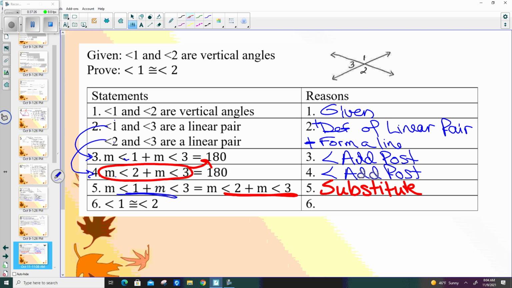Okay, the equal sign went to a congruence. Good. What else? Angle 3. Where did angle 3 go? How did angle 3 disappear? You subtracted it. So what's my reason for angle 1 being congruent to angle 2? Subtraction.